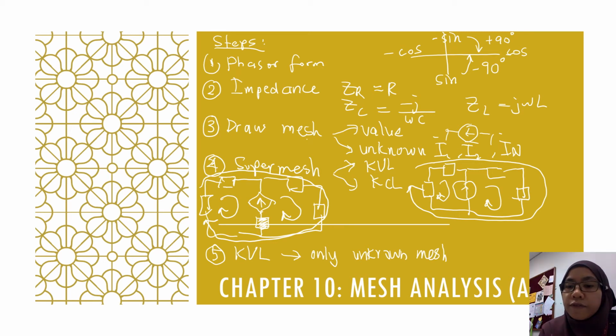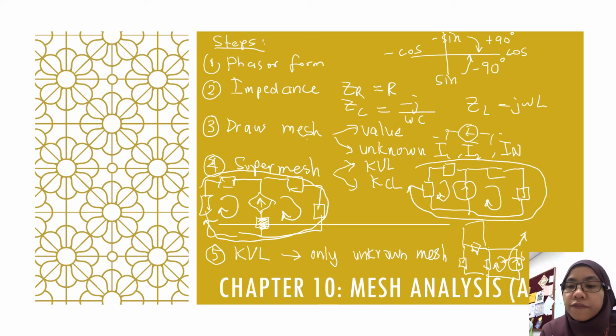So let's say we have some loops here, and attached to this is a current source out here, then this loop is equal to this value of current source.